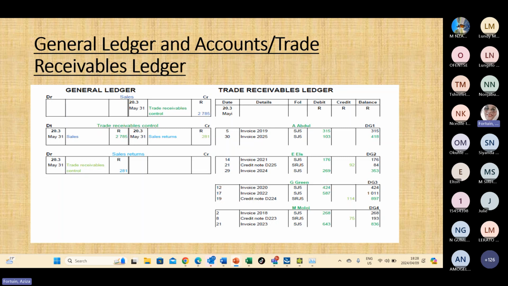Okay, and then in my trade receivables ledger, you will have one for Abdul, one for Als, one for Green, and one for Malloy. And you can see everything that Abdul owes you. You can see everything that Als owes you, and what Als returned, etc.